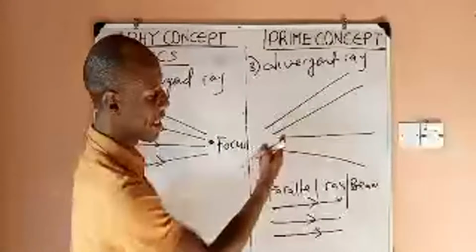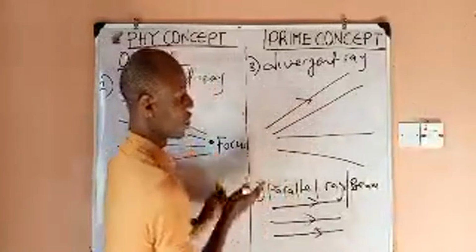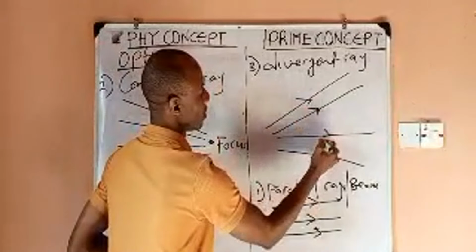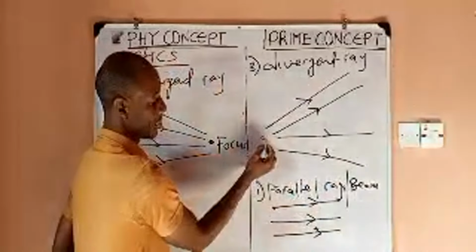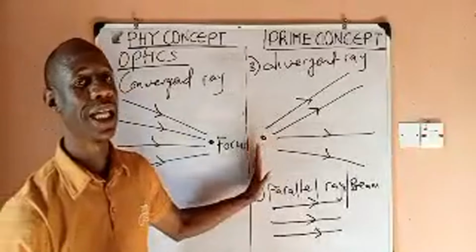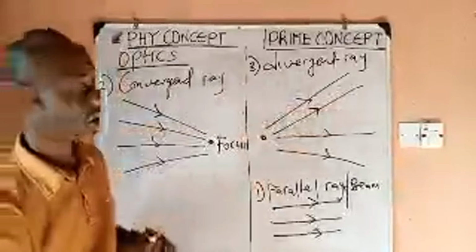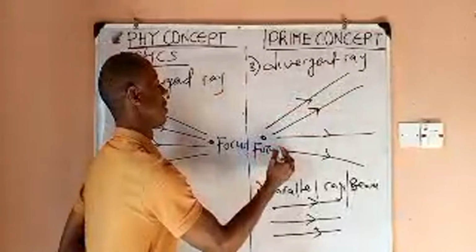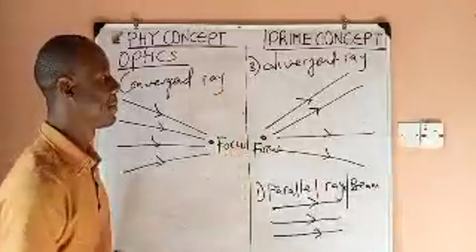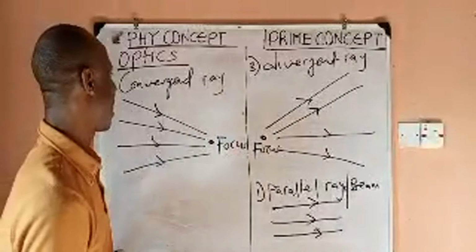What makes it divergent is the arrow. The arrow tells you that these things are spreading, starting from a fixed point. And the point where they appear to diverge from is also known as what? Focus. You call it focus or focal point. So these are the three types of rays that we have, right?